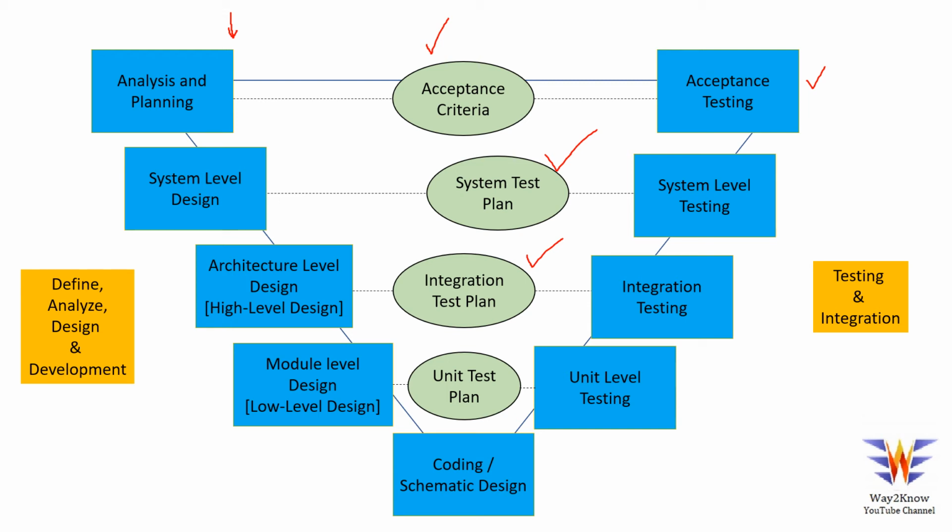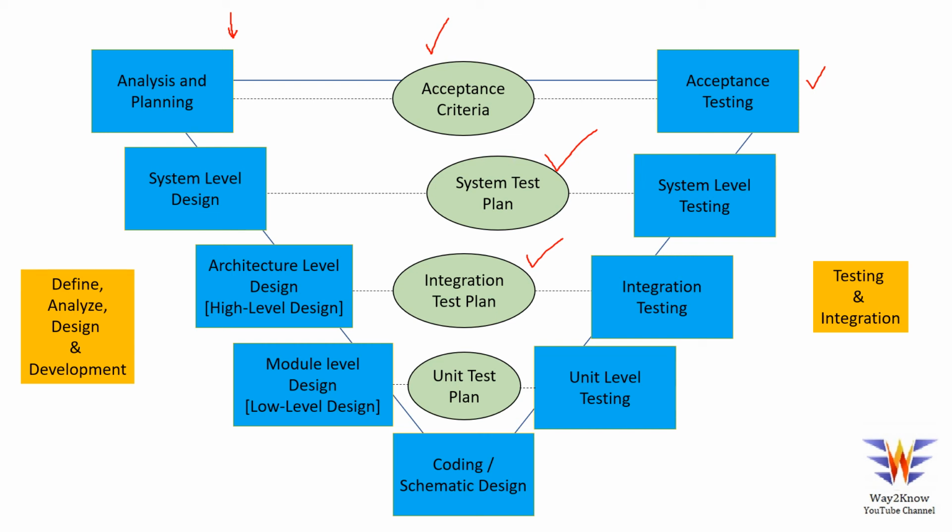Once the system level design, architecture level design and module level design are completed, we move to the coding or the schematic design, which is a physical implementation of all the high level and low level designs done at the previous level.